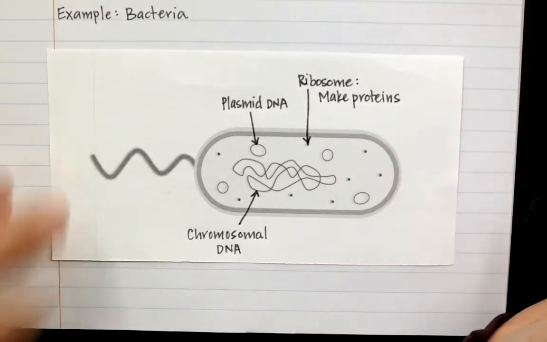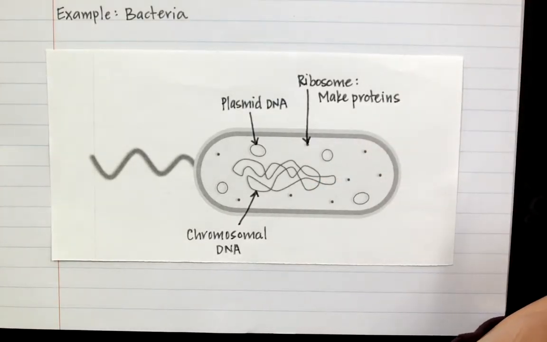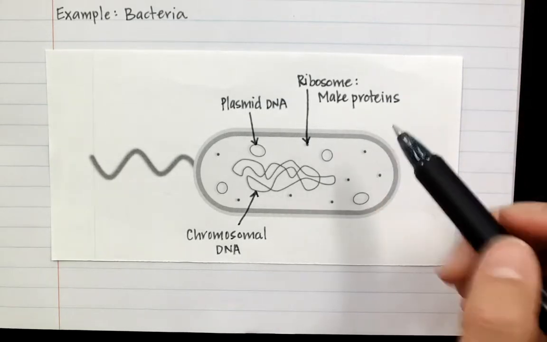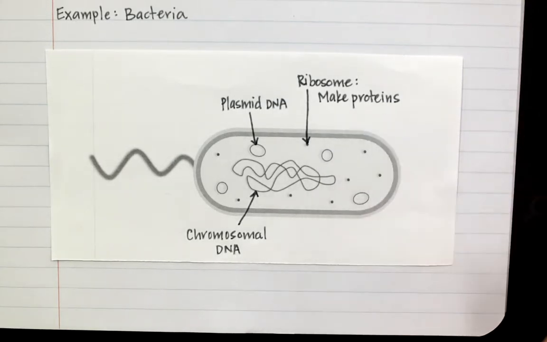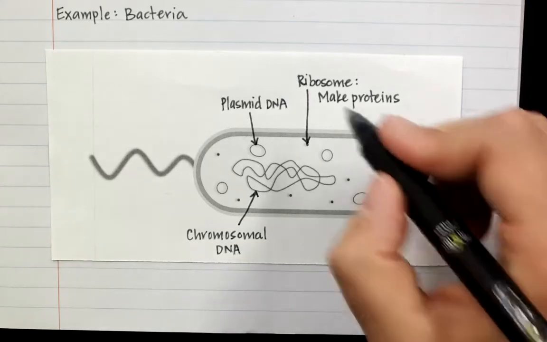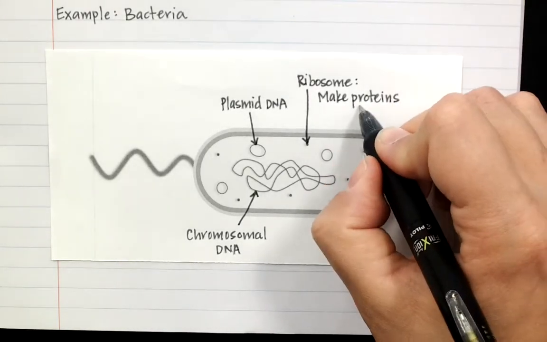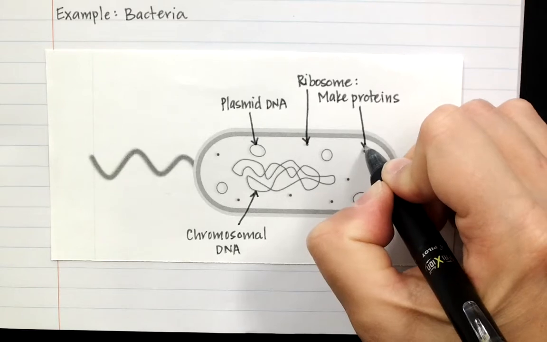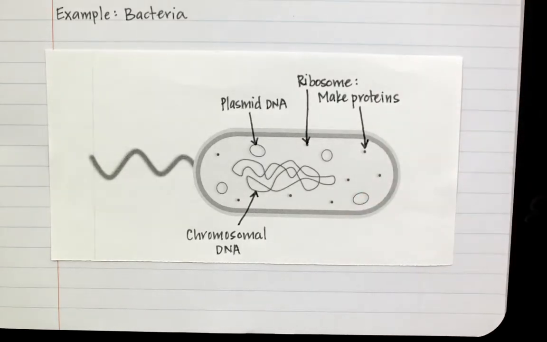So proteins are made of amino acids, and the ribosome's job is to actually put the amino acids together in a specific order that will make each type of protein. So here's a ribosome here. Here's another ribosome. And that's another one of those things that all cells have. So your cells have ribosomes, plant cells have ribosomes.